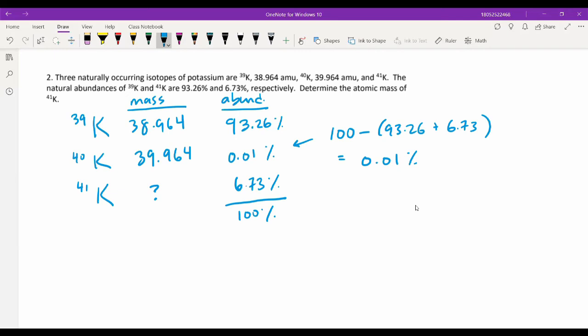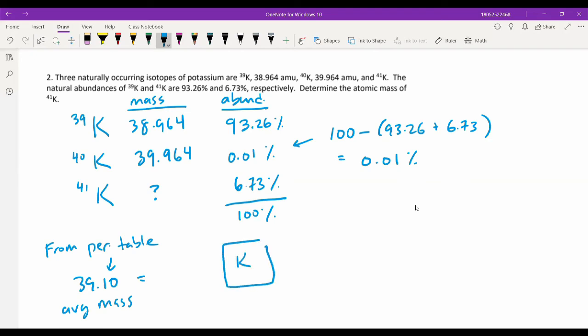Okay, so now we can use our formula, and if we look on the table, then we can get the average mass of potassium, which is 39.10. This is the average mass. Right, so remember from the table, when you look at a particular element, so you'll see potassium, and then it'll have underneath it the average mass, right? So that's what we're looking for. Okay, so this is going to equal, again, just setting up our formula.